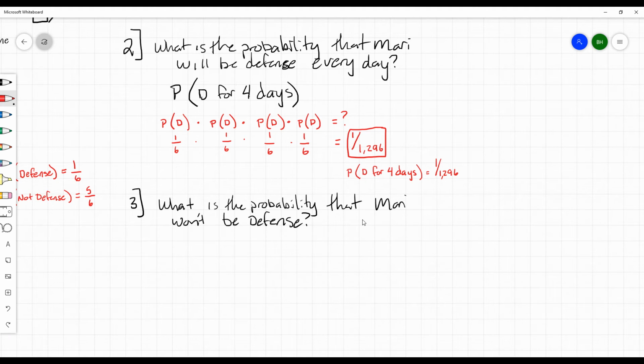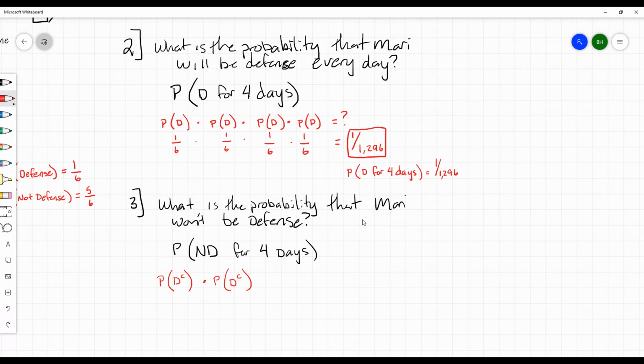So we want the probability that she is not going to be defense for 4 days. Which, if you think about it, if we use our model from above, it's going to be the probability that she is not the defense, so the complement of the defense, all 4 days.